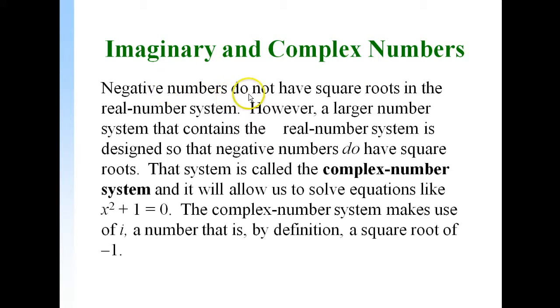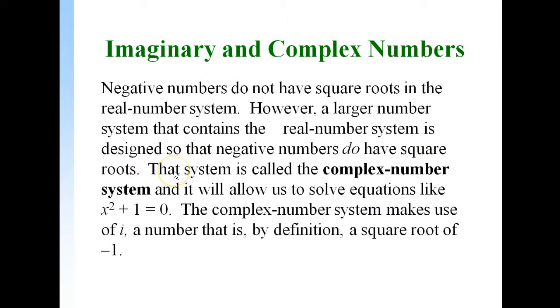Negative numbers do not have square roots in the real number system. We've always said the square root of a negative number is not a real number. However, a larger number system that contains the real number system is designed so that negative numbers do have square roots.